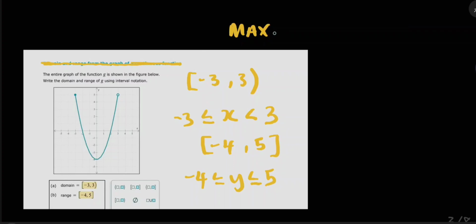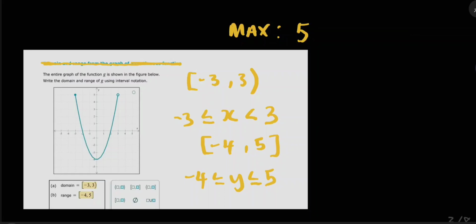As the name suggests, maximum is the highest point of our graph. So what's the highest point? The maximum is at 5. So our maximum for this graph is 5, and it occurs where?